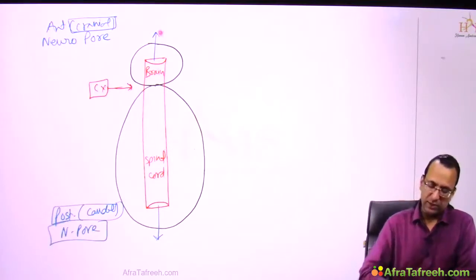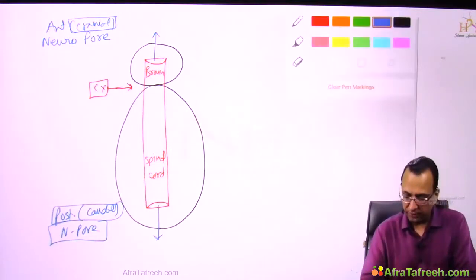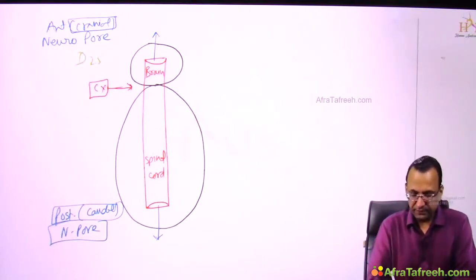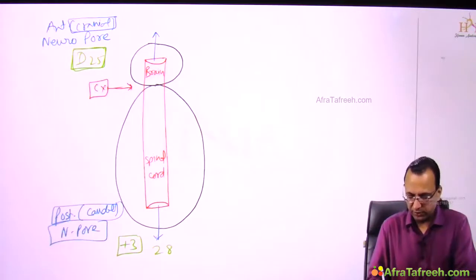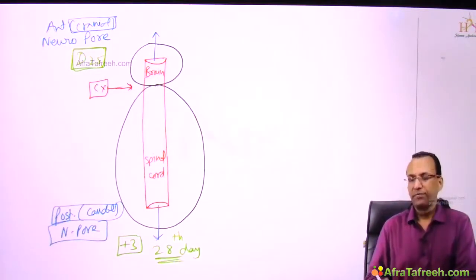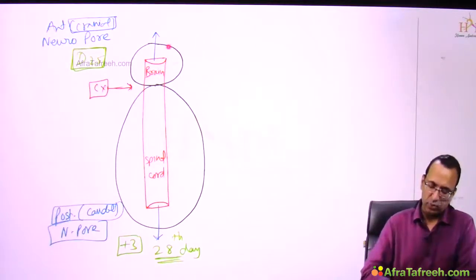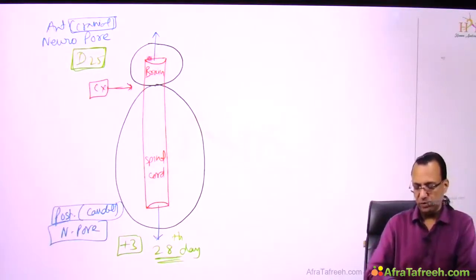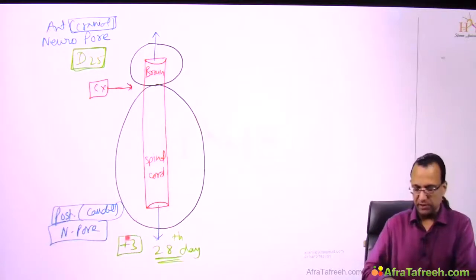The anterior or cranial neuropore must close by day number 25, and similarly the posterior neuropore should close 3 days later, that is day number 28. What if the anterior neuropore does not close by day 25, or the posterior neuropore does not close by day 28?